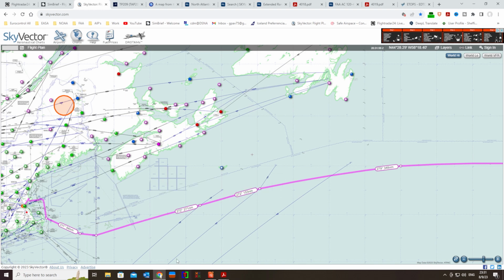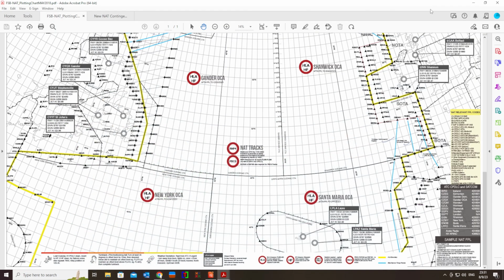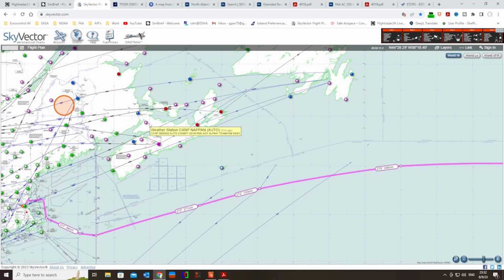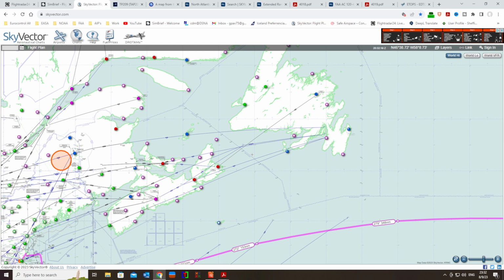Before I do that, I need St. John's. You see those airports? Goose Bay is further up north. I don't think that if we choose Goose Bay... Where is Goose Bay? Okay, no, the weather is not looking good at all here.